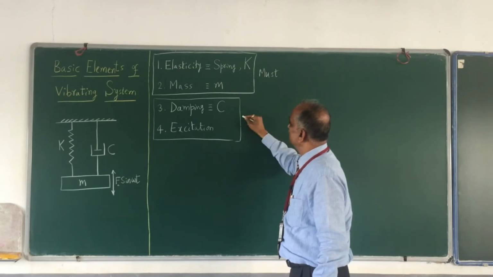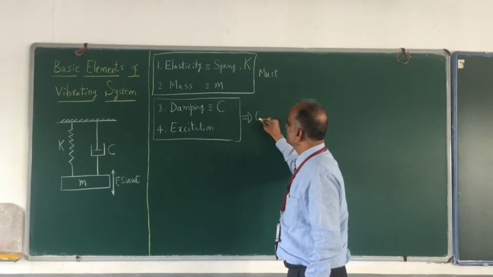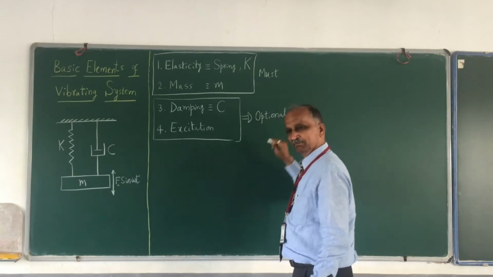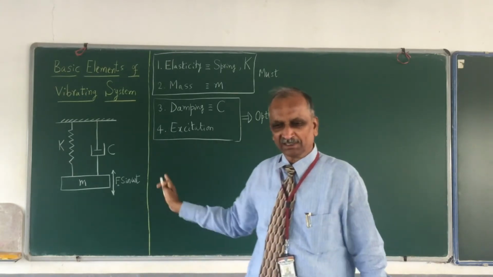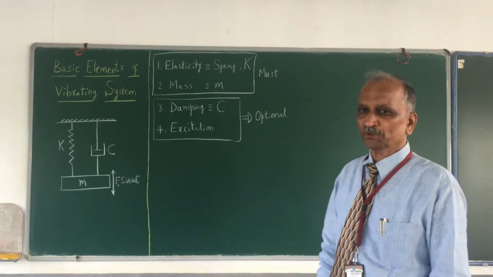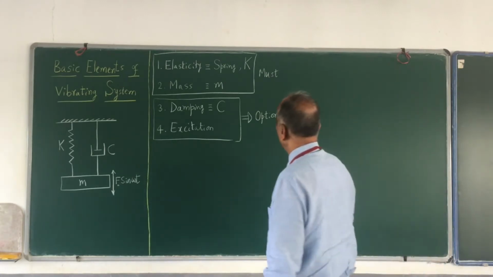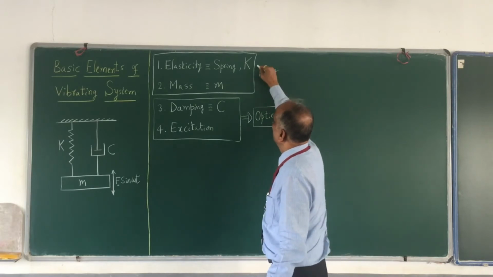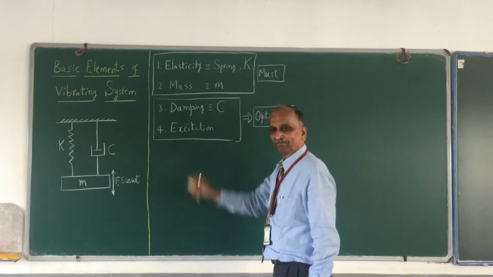These two components are a must and these are optional. They may or may not be there, but for all practical systems they will be there. For my study, these components are optional and these are a must.